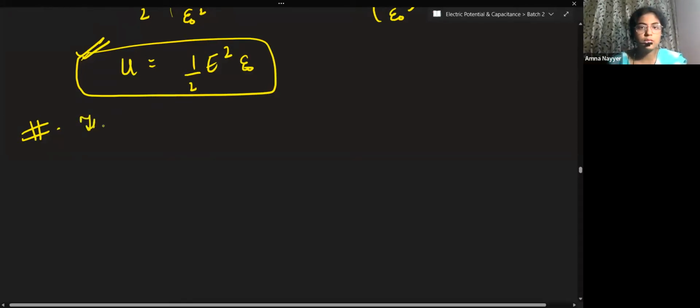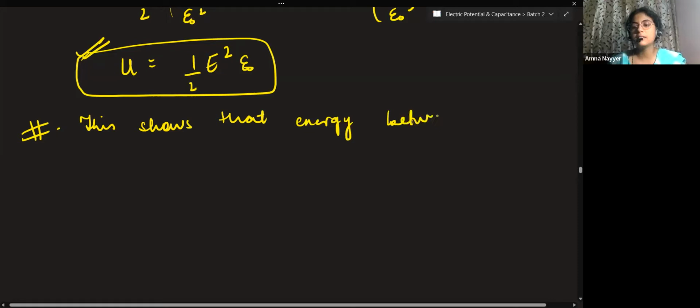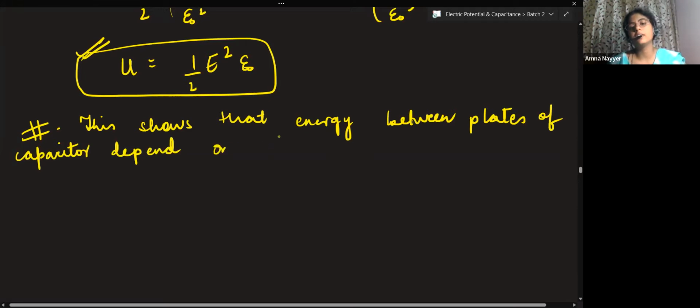So this shows that energy between the plates of a capacitor depends on the electric field.